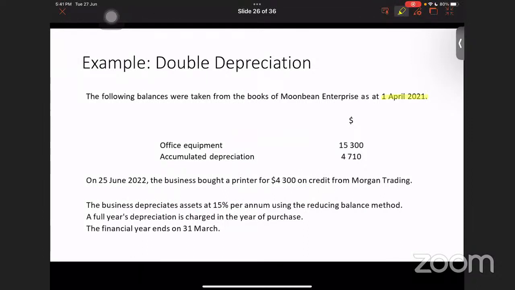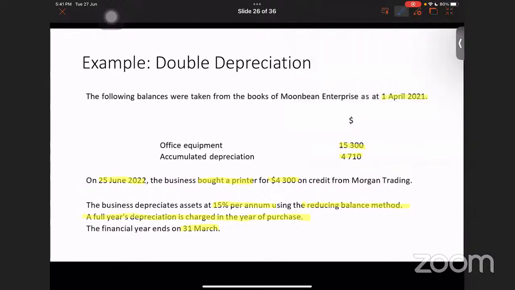First day, we have all these figures. Okay, so these figures are for my April 1st. Okay, and then they say that on this day, they buy a new printer for this amount on credit. Okay, and our depreciation policy will be 15% using reducing balance. Year depreciation charge in the year of purchase, our year end, March year end.